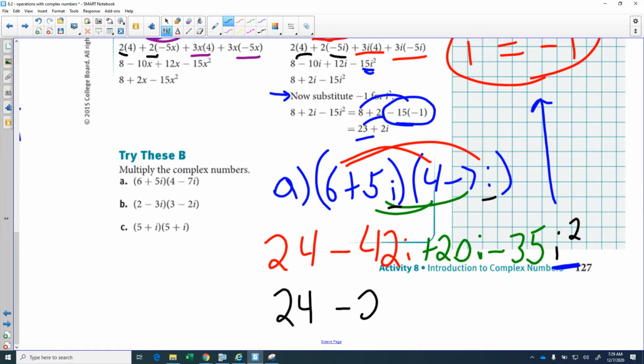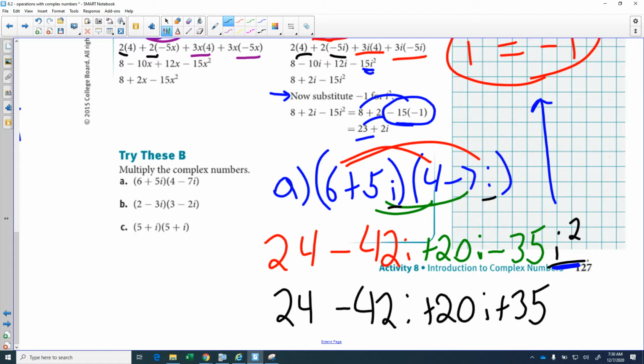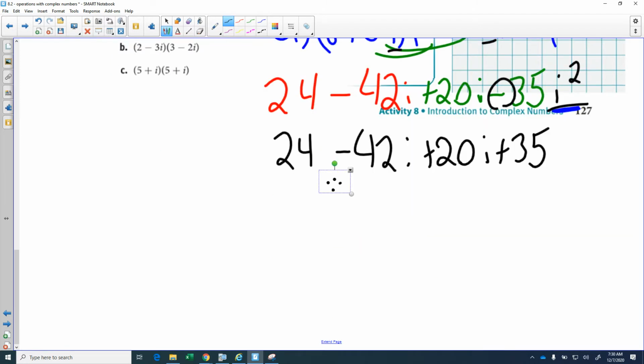So 24 minus 42i plus 20i. And then the i squared is -1, so it flips the sign and goes away, because -1 times a -35 would be a positive 35. From there, I'm just going to simplify my values.